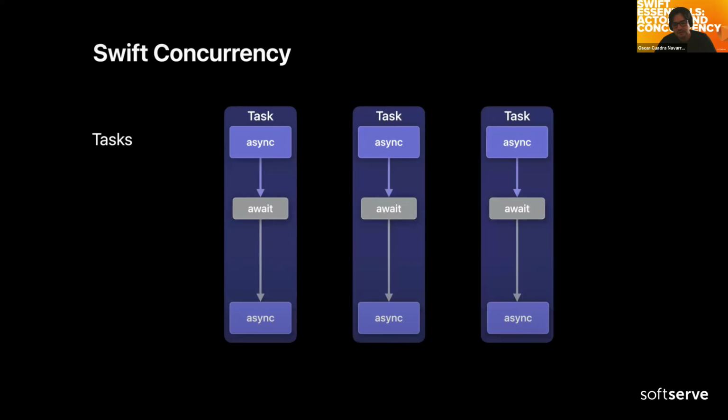And all these functions need to be running in a task. Task is the simplest piece of these Swift concurrency tools. It gives the context to run our functions asynchronously.